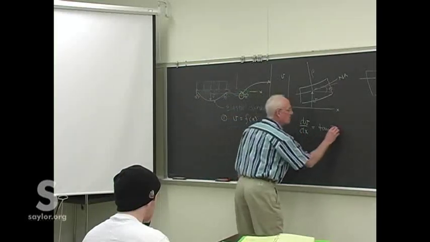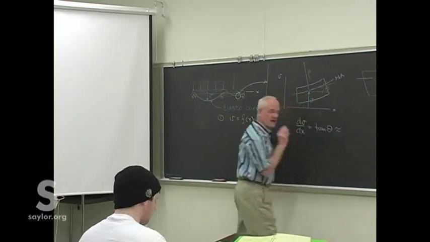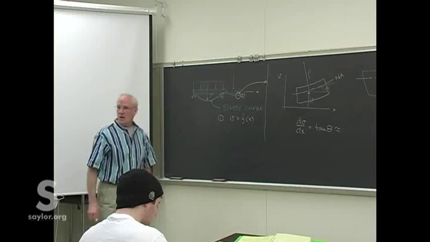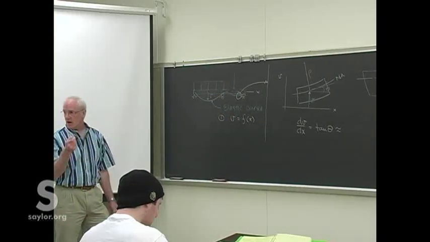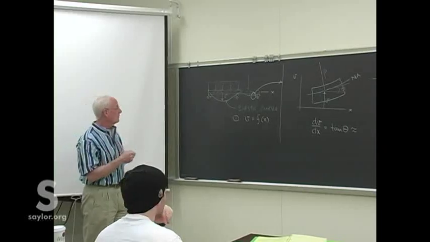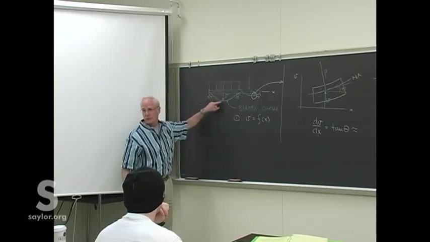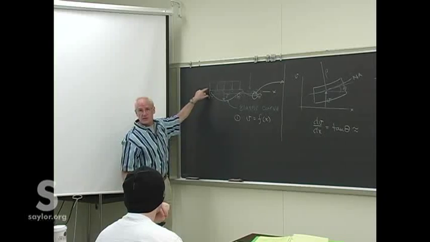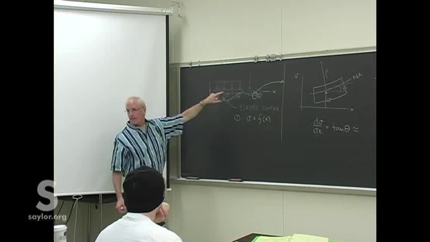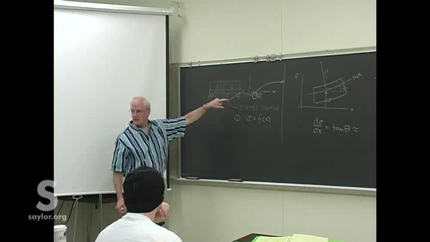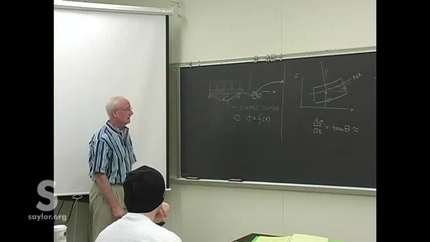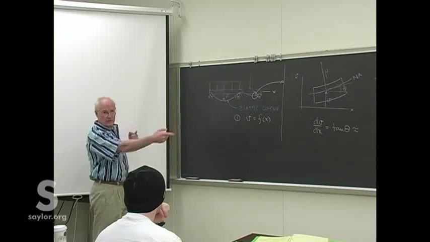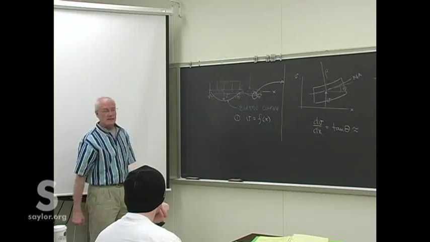For very small thetas, for very small angles, which these are, because we're talking about beams that don't deflect very much. This is grossly exaggerated just so we can see it. These deflections are going to be on the order of hundredths of an inch for steel beams in typical lengths and loadings and weights and the like.